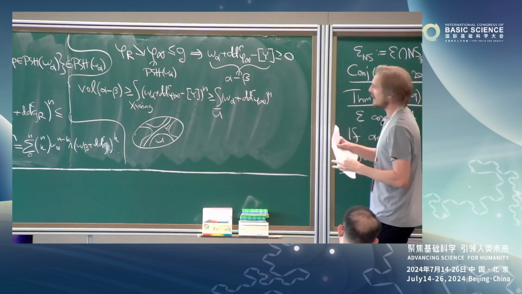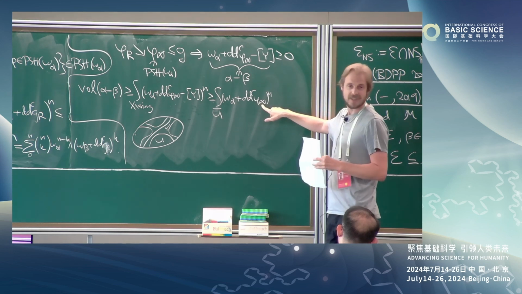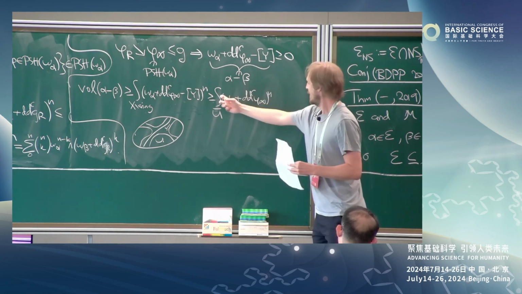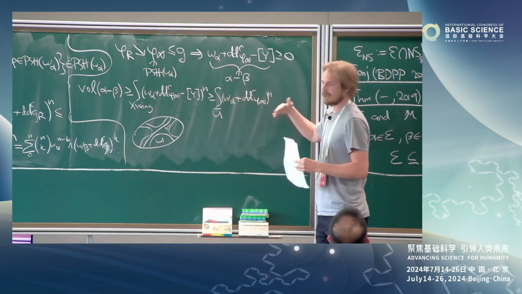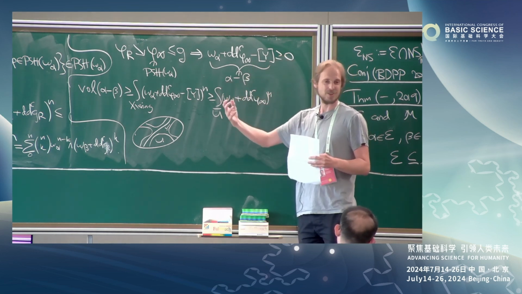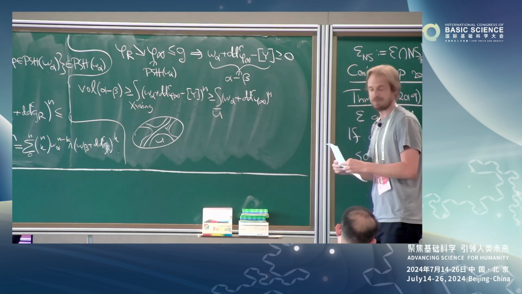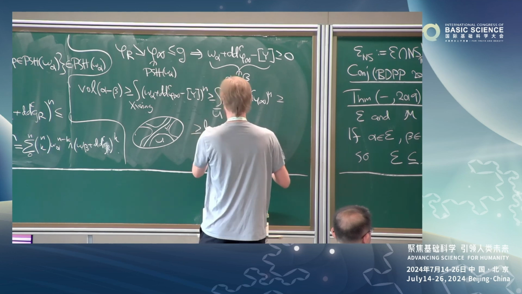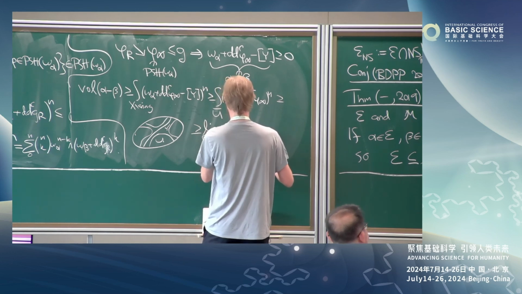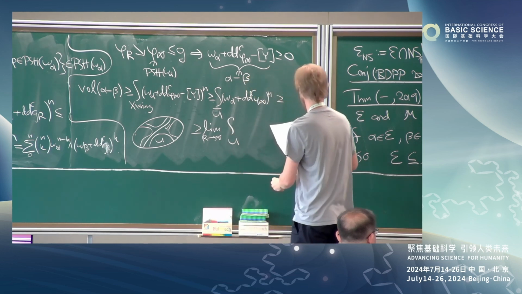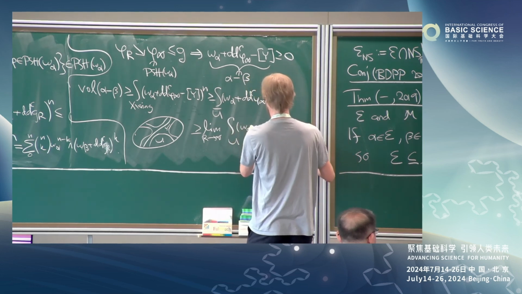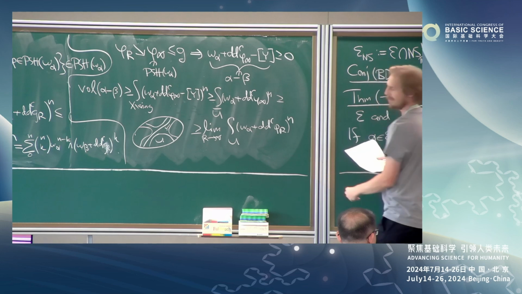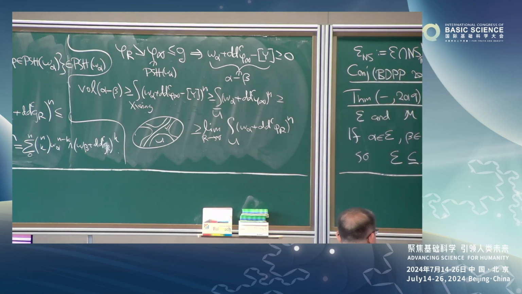Okay, but now phi r converges to phi infinity, and it decreases to phi infinity, and there's a continuity. These measures are continuous with respect to these sequences. So this is going to be bigger than or equal to the limit of these integrals where I have phi r.